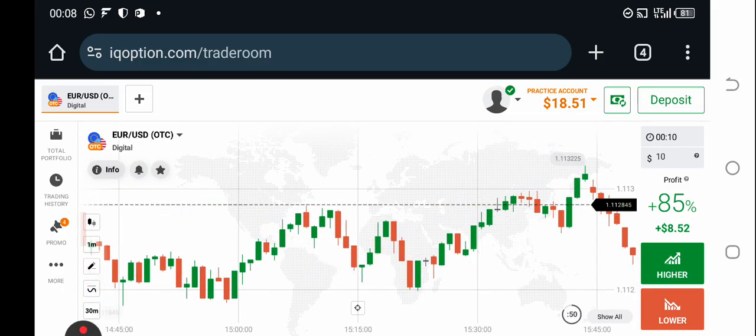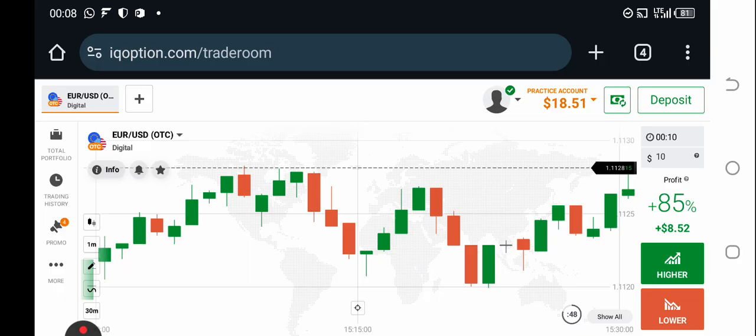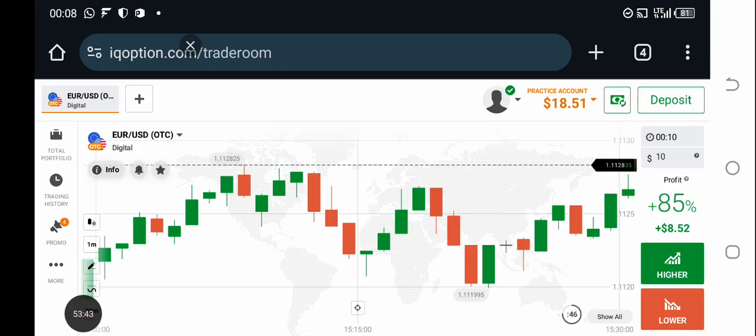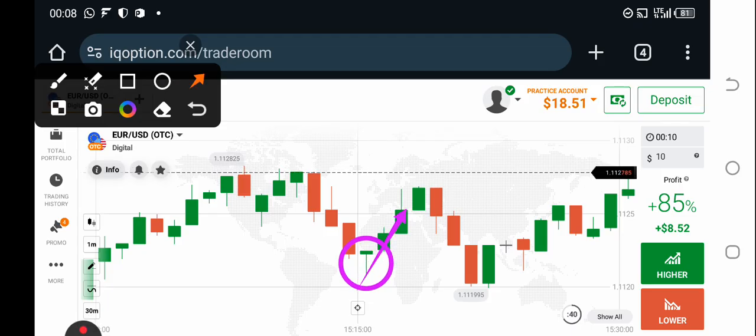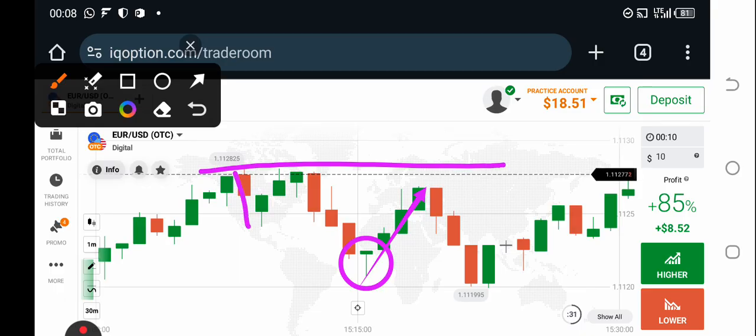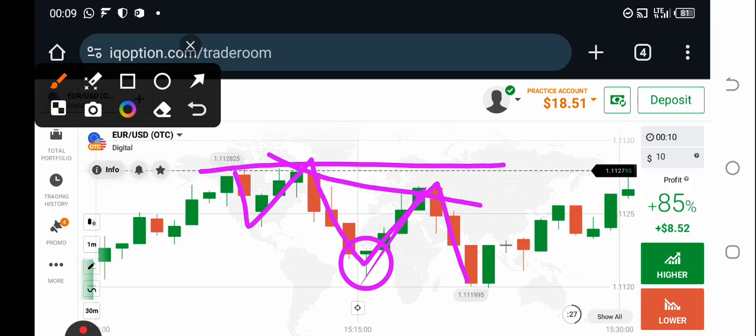You can see a perfect hammer. It may look like a gravestone doji, but you can look at it to be a hammer candle. Look at a hammer, and then the market shoots up. We are still going to talk about market patterns, but you can see there is a level here. The market is moving like this, and then you can draw this area also.